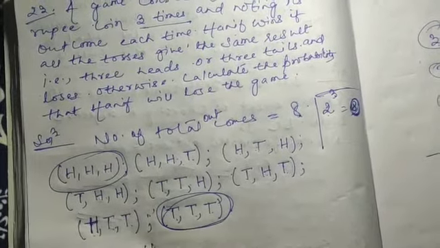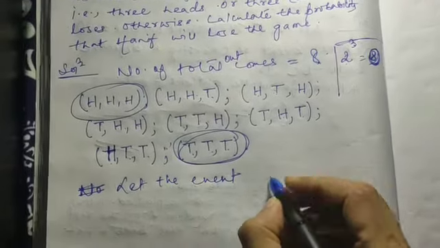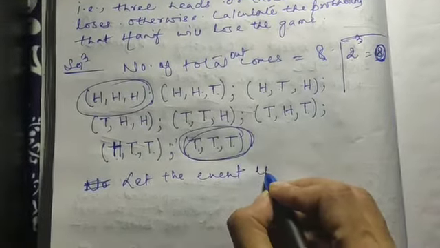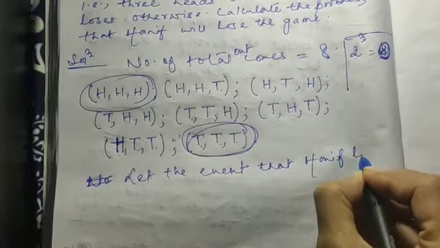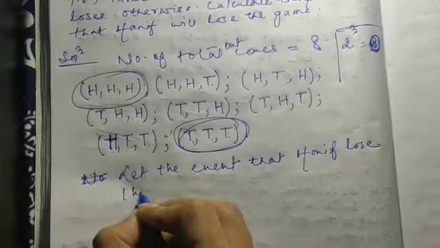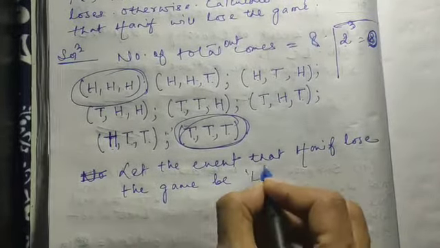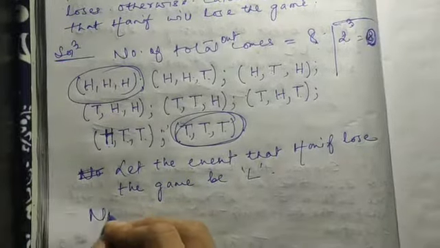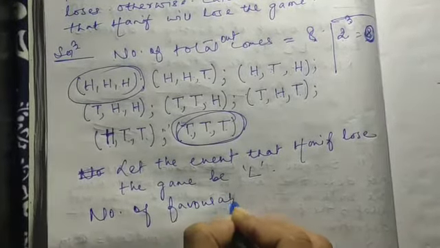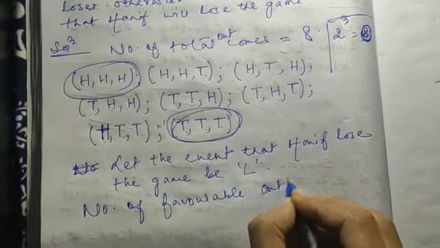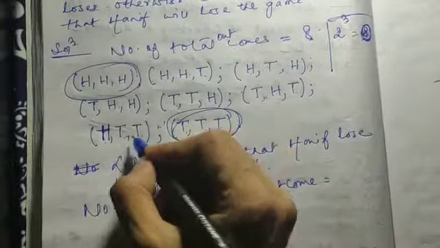Let the event that Hanif loses the game be L. So the number of favorable outcomes, when we will lose, is 6, right?